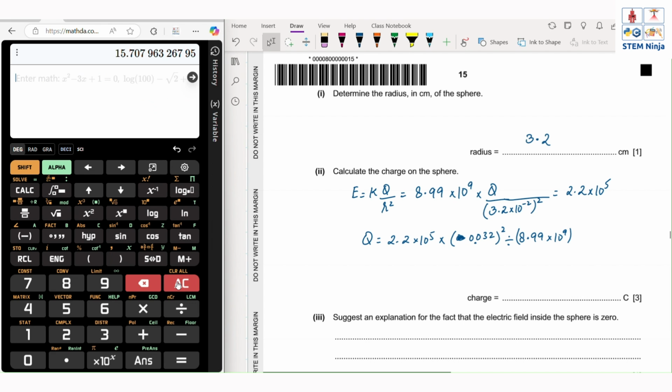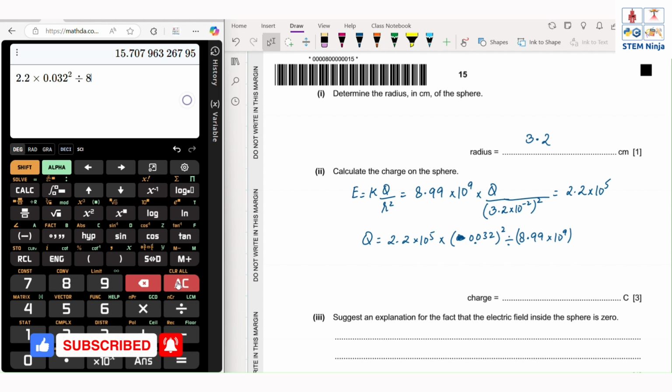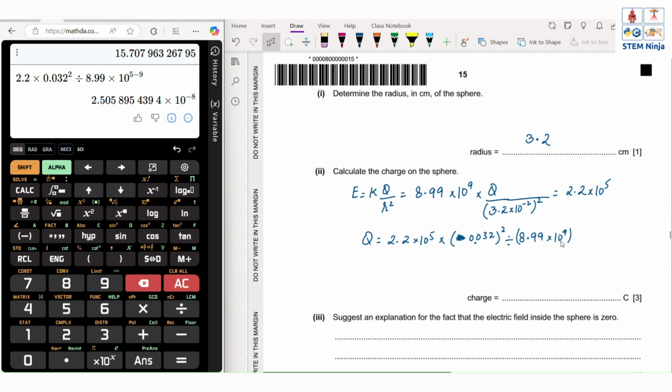Okay, so 2.2 times 0.032 squared divided by 8.99 times 10 raised to power minus 9. So we get 2.5506 times 10 raised to power minus 8. So this could be like 2.5 times 10 raised to power minus 8.